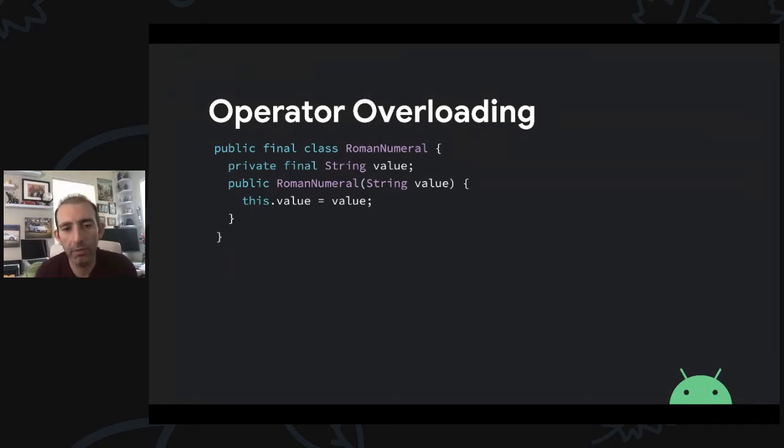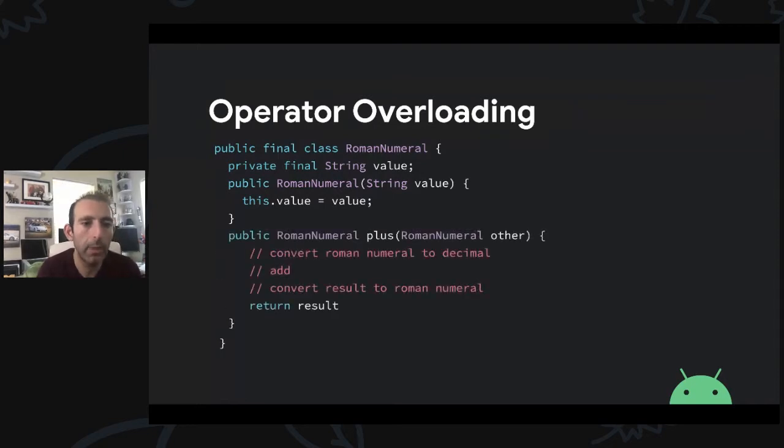Arabic numbers are very easy, and all the world is happy with that. But let's imagine a world where we need to use Roman numerals in our app. And I want to add Roman numerals by using the plus sign, but of course, Kotlin will have no idea about how to add two Roman numerals if I don't help. So to help Kotlin, I implement a plus method. The plus method will do something really simple.